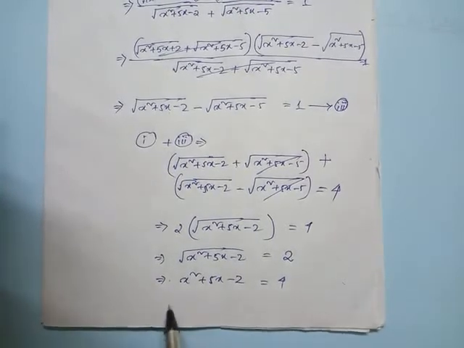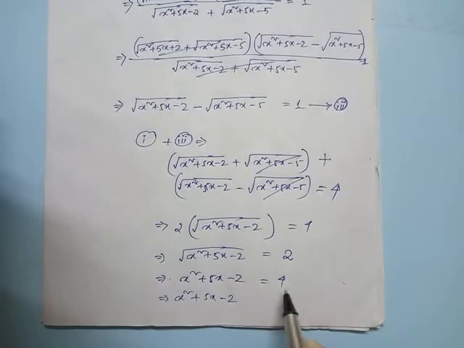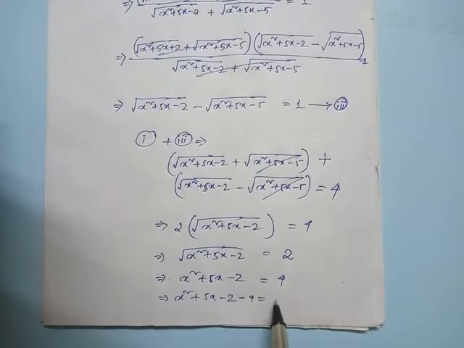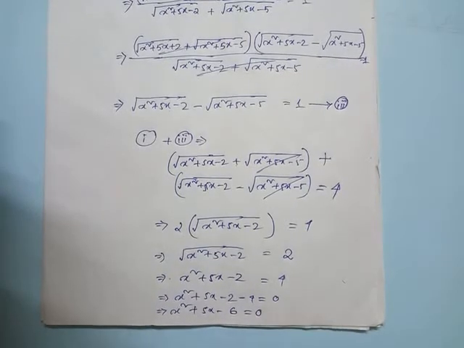Student, after that, x square plus 5x minus 2, take 4 on that side, becomes minus 4 equal to 0. So the remaining part would be x square plus 5x minus 6 equal to 0.